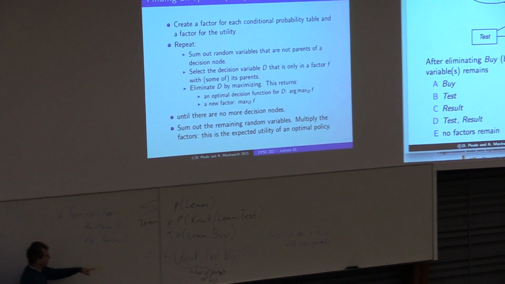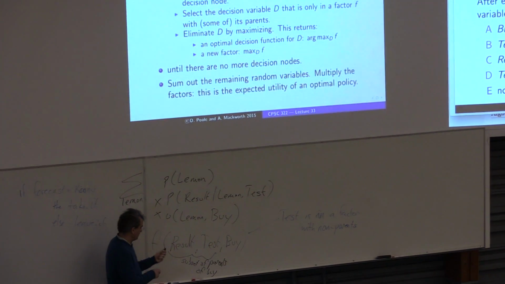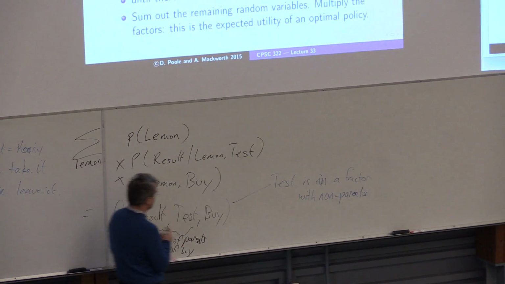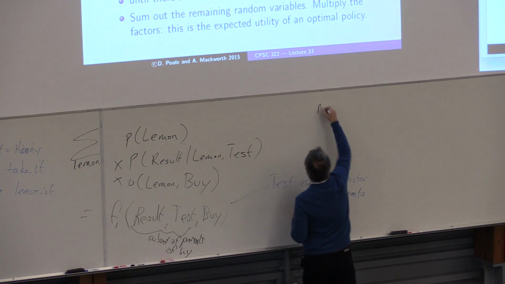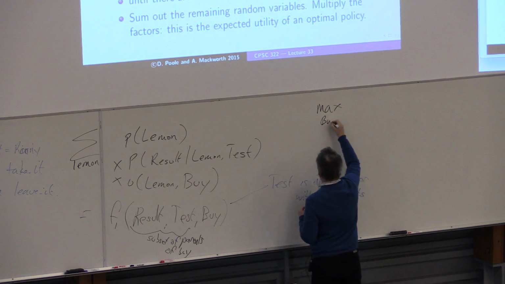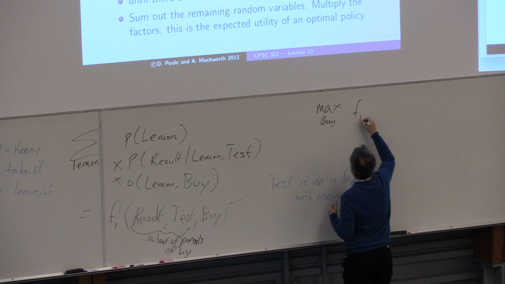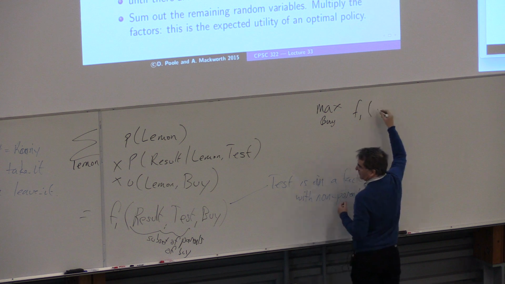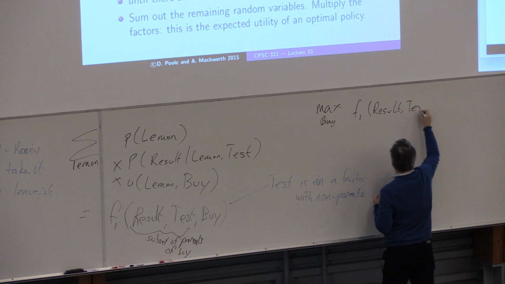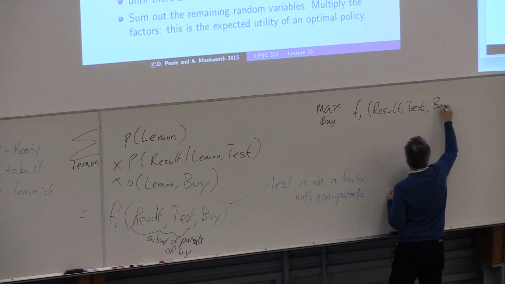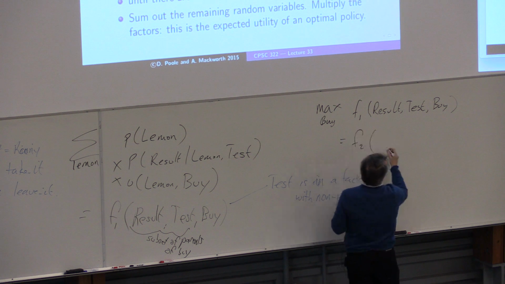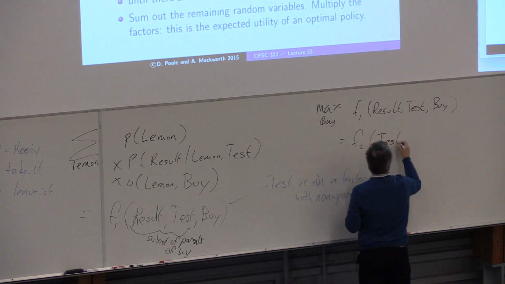Okay, so we're just going to maximize this. We have some factor, let's call this F1. So we're going to do the maximum over by of F1 of result, test, and by. That is some factor F2 of just test and result.